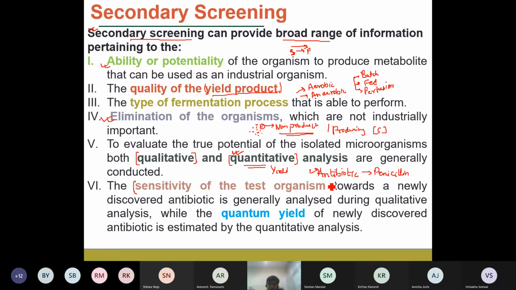Can anyone tell me what the spectrum of antibiotics is? Has anyone heard of the term antibiotic spectrum? Broad spectrum and narrow spectrum. Yes, good. Antibiotics generally have a broad spectrum or a narrow spectrum.